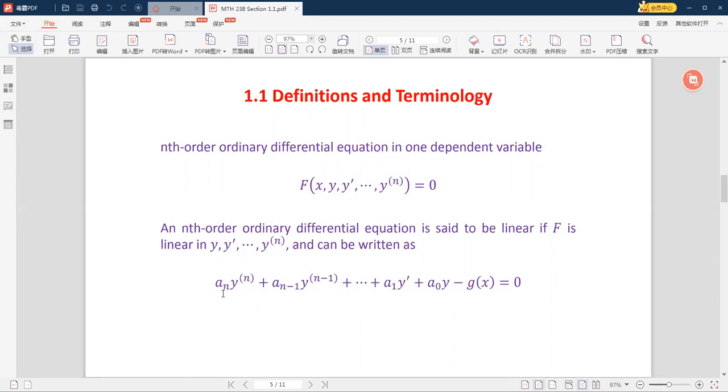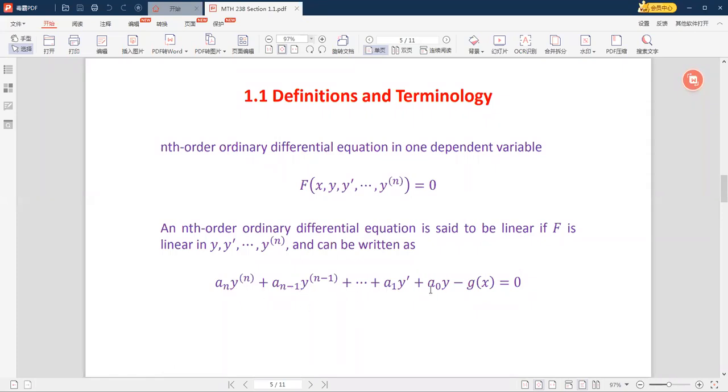When we say linear, we mean those derivatives have power 1. Then we have constants, a sub n-1, and so on to a sub 1. Those are constants; we call them coefficients.